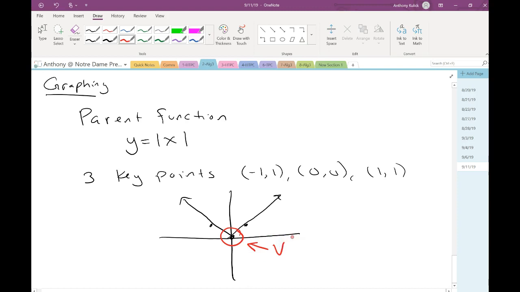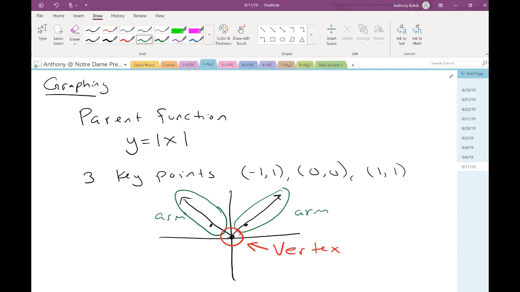Starts with a V. It's the vertex. And we would call each side an arm of our graph. So in this case, the graph has two arms. You might refer to them as the left arm and the right arm, because they're meeting at the vertex.